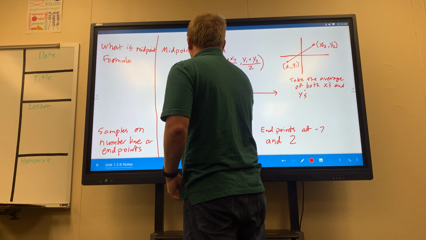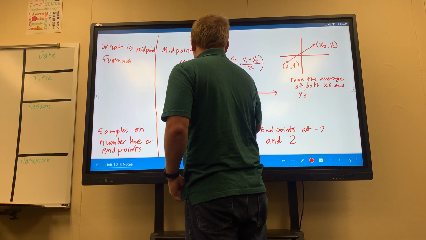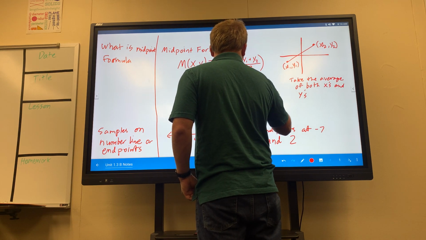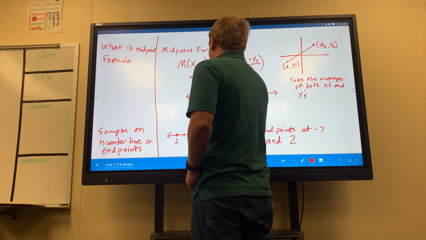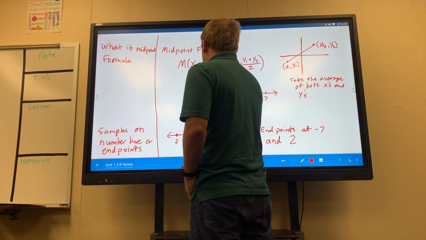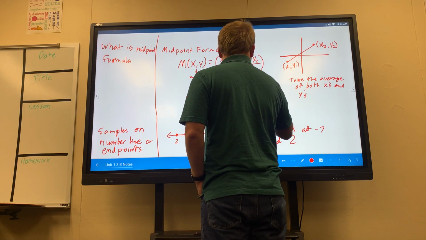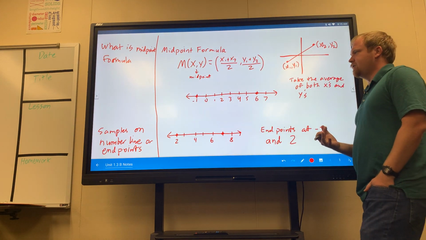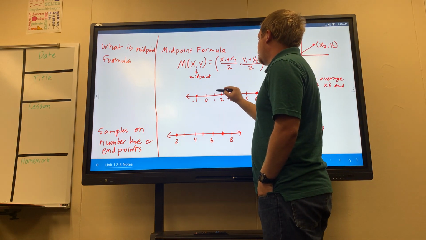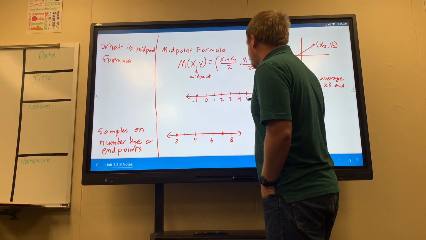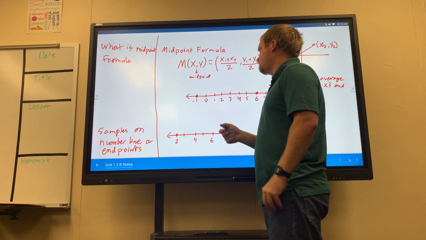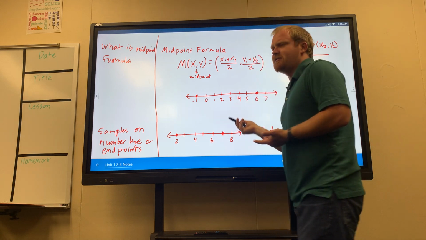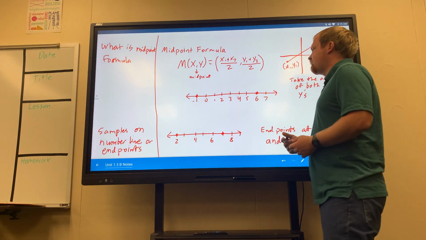Okay? Now, what about a number line? So let's say I have a number line like this. If I have these 2 points here, -1 and 6, one way that we could find the midpoint is by counting how many spaces are between and dividing it by 2. 1, 2, 3, 4, 5, 6, 7. 7 spaces divided by 2, that's 3.5.